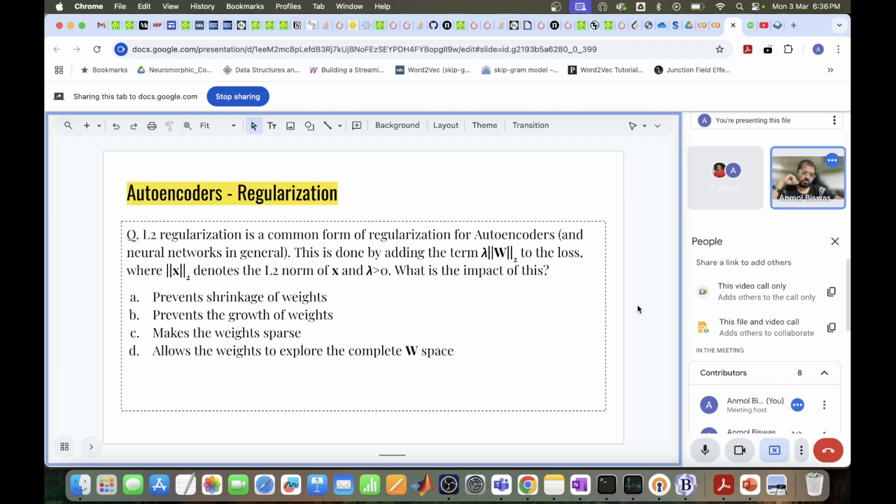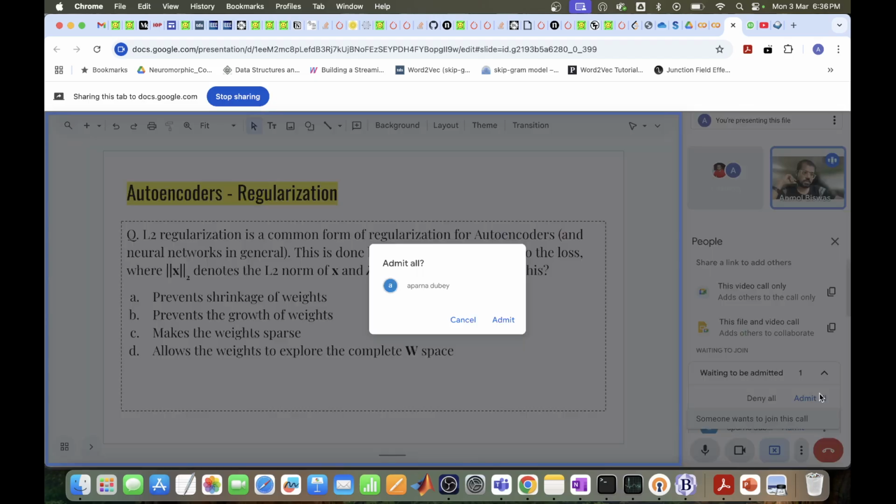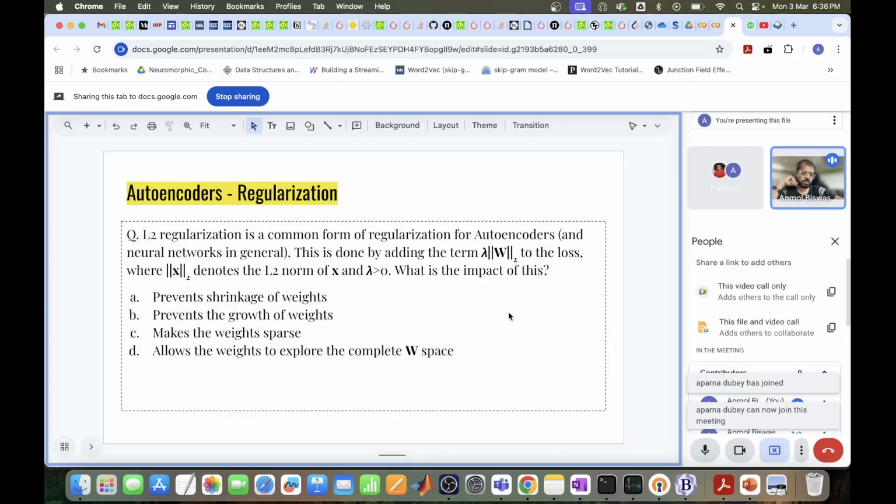So think about this. Basically, you're adding this term to the loss. Think about what that implies for the values of the weights, and how the values of the weights relate to the loss that you get. And remember that you're always trying to minimize the loss.